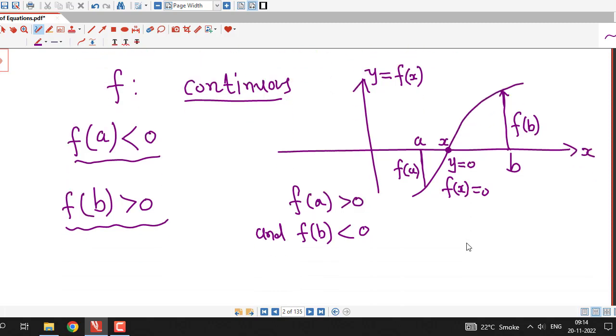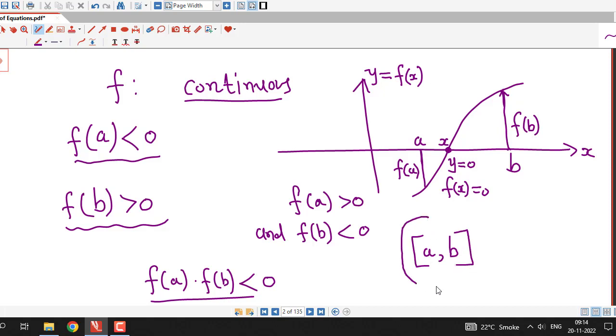That means f of a and f of b are of opposite signs. So if we take the product of f of a and f of b, that product is always negative. Then the intermediate value theorem says that the root of this equation f(x) equal to 0 always lies in this interval. So this is the search interval for the exact root. We call this interval the search interval.